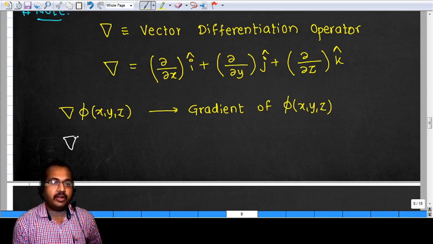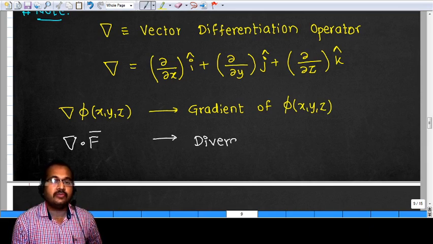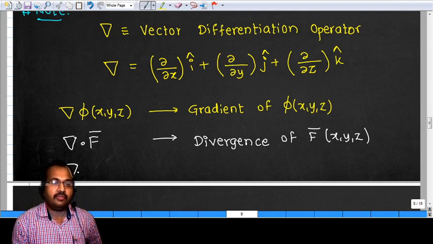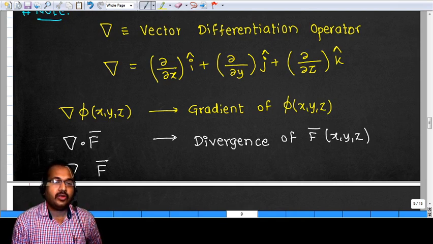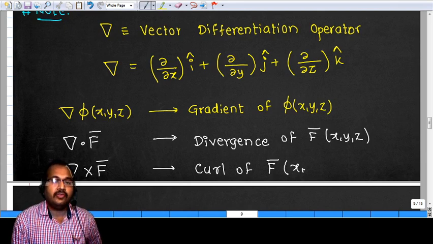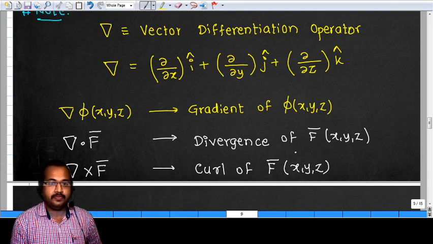If you operate the vector differentiation operator on a vector function such that we get a scalar quantity by using the dot product, this is known as the divergence of the vector function f bar. And if we operate this operator on a vector function by taking the cross product, this is known as the curl of vector function f bar with respect to variables x, y, z.